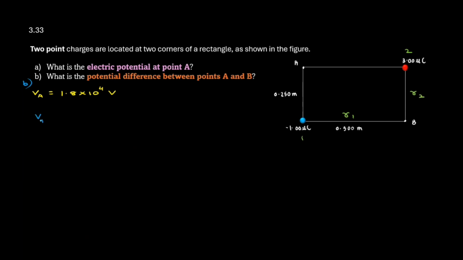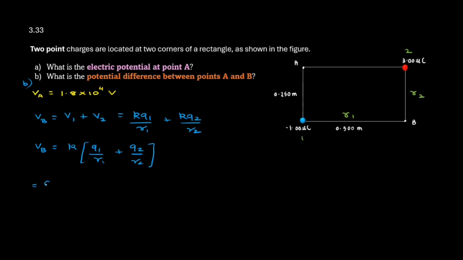We write VB to be equal to potential due to 1 plus potential due to 2, which will be equal to KQ1 over R1 plus KQ2 over R2. Again, take K common outside, so we get VB equal to K times Q1 over R1 plus Q2 over R2. Substitute. K is 9 times 10 to the power 9.